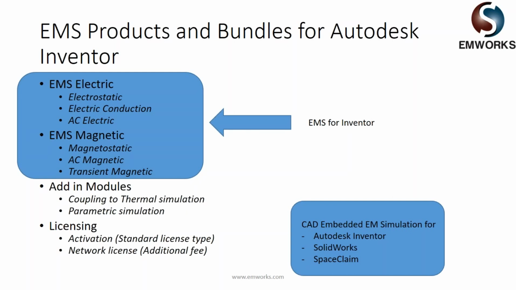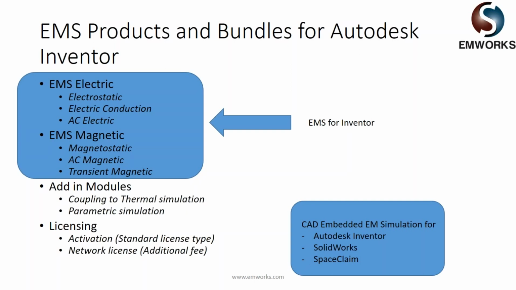In addition to it, we have add-in modules to EMS for Inventor. Coupling to thermal simulation is one where you can study the temperature distribution due to heat that is generated due to currents. It could be eddy currents or it could be currents in the winding.